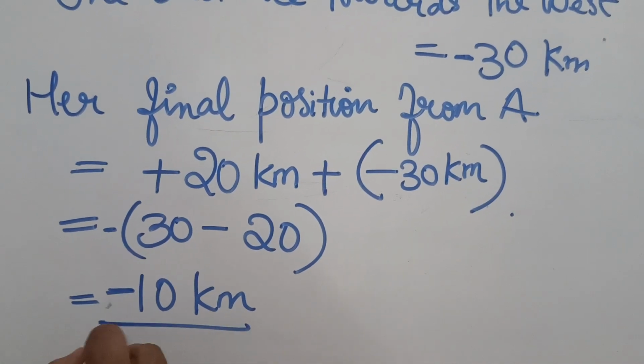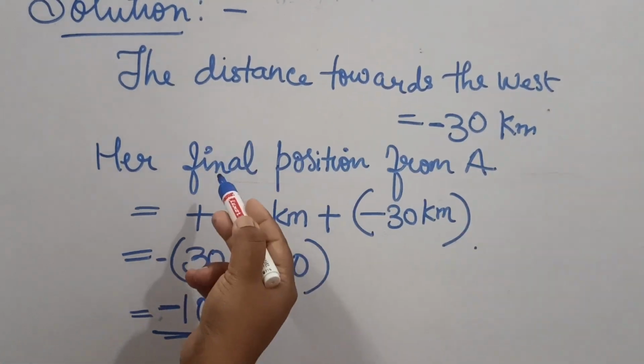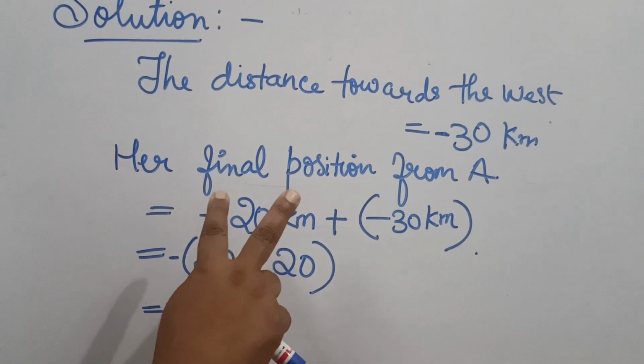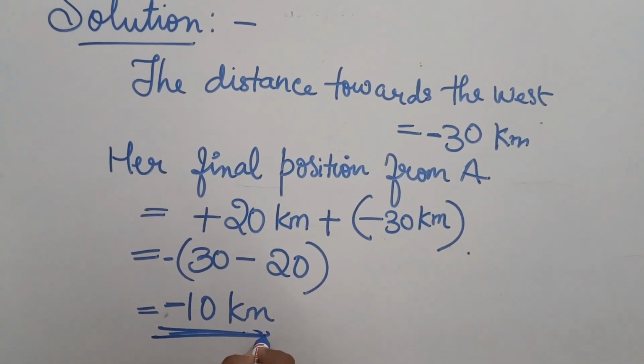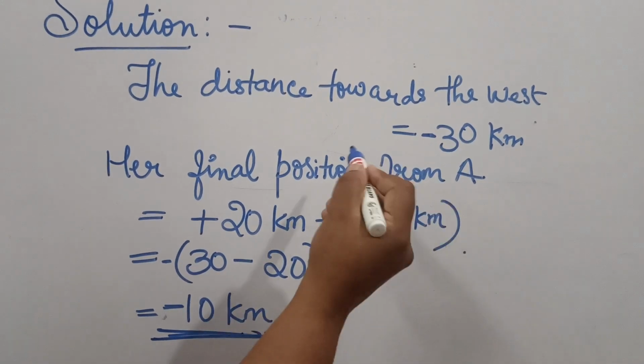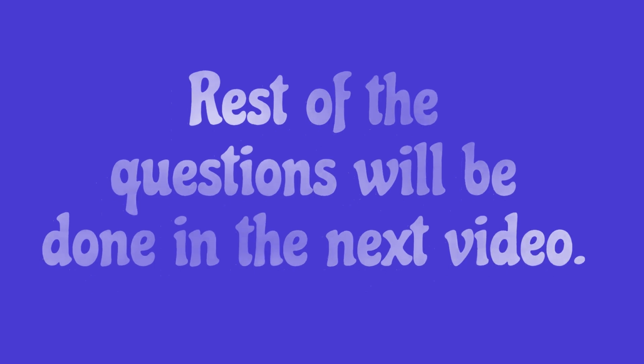Okay, it's minus 10. So she traveled 20, right? Then she came back 30. So extra is minus 10 kilometers. Okay, that is the final position from point A. Rest of the questions will be done in the next video.